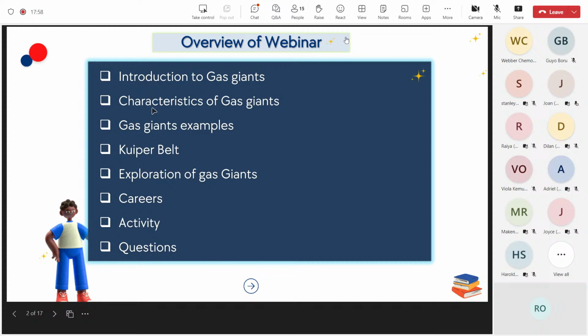We shall also look at the Kuiper belt. We shall look at the cases of exploration of gas giants, also the careers related to astronomy and astrophysics. We shall look at the activities that a student can partake in while modeling the gas giants planet system.